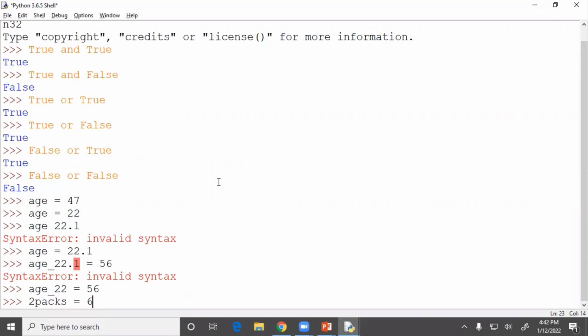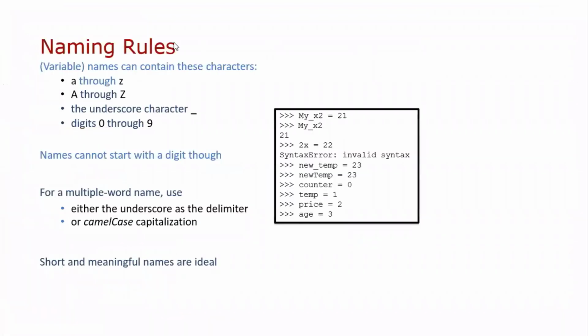This will give me an error, or it's okay? It's going to give me an error. And as you can see here, names cannot start with a digit. Is this clear? Names cannot start with a digit.